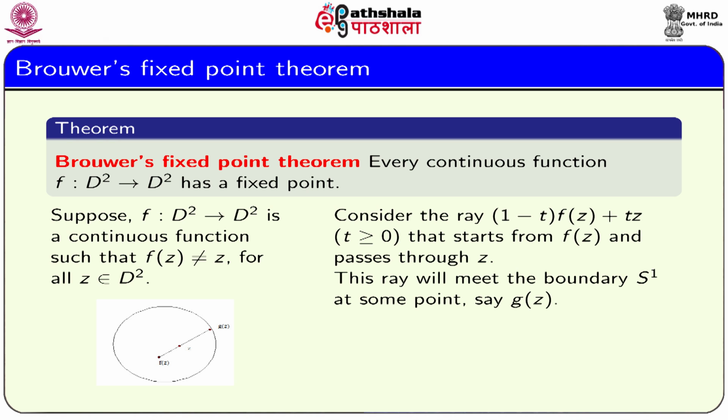Then this ray starts from f(z) and passes through z. This ray will meet the boundary S1 at some point. Let us call that point g(z). Then we get a continuous function g from D2 to S1 given by z goes to g(z), such that g(z) equals z for all z belonging to S1.